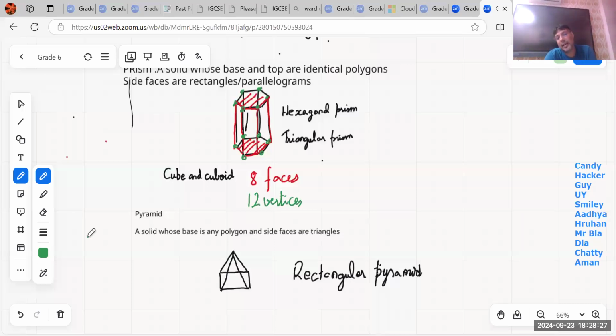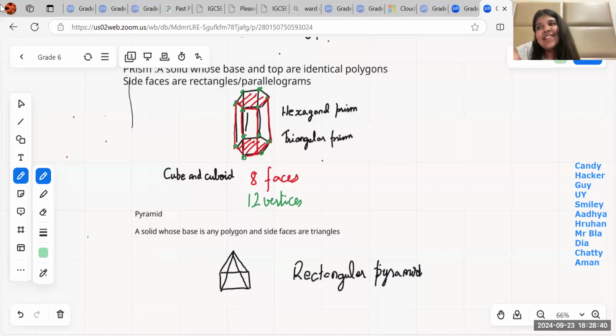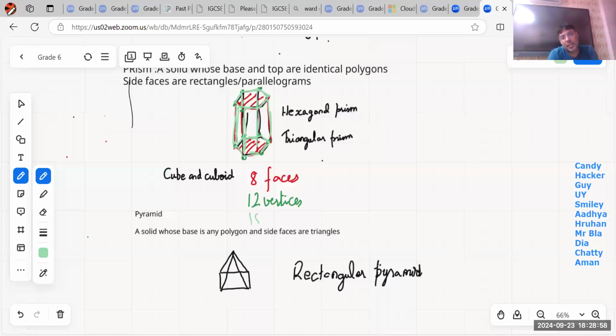Now what about the edges? Raise your hands. Sir, is it 18? Yes, 18 is correct. We have 6 edges at the top, 6 at the bottom, and 6 lateral ones in the middle. So we have 18 edges.